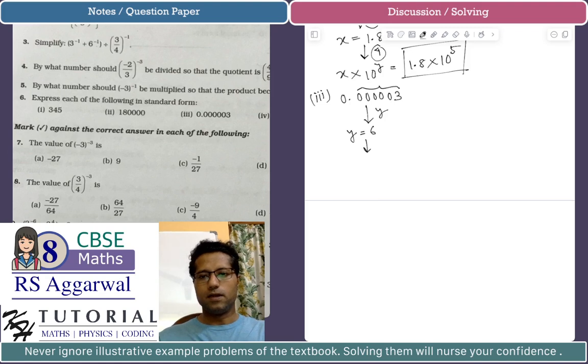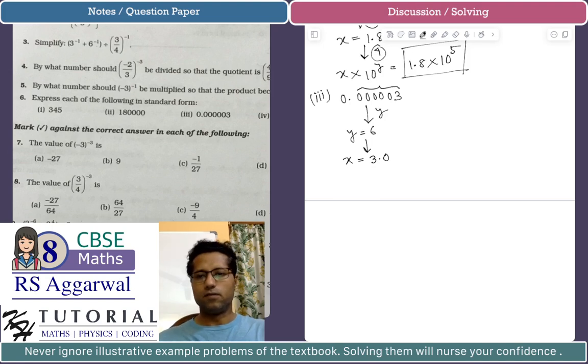Now we find the x. X will be the given number, considered as a whole number, ignoring the decimal point. So it is 3, and then put a decimal point after the leftmost digit. So this becomes 3.0.